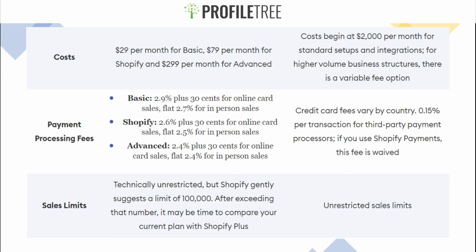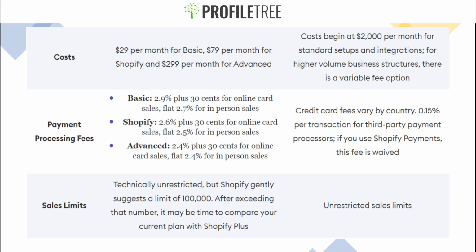Now, if you decide to go for Shopify, you have 2.6% plus 30 cents for online card sales with 2.5% for in-person sales. And of course, if you're paying the $300 per month for Advanced, it's 2.4% plus 30 cents for online card sales, and 2.4% for in-person sales. So that's about an even number. Of course, the more you pay, the more your percentage decreases.